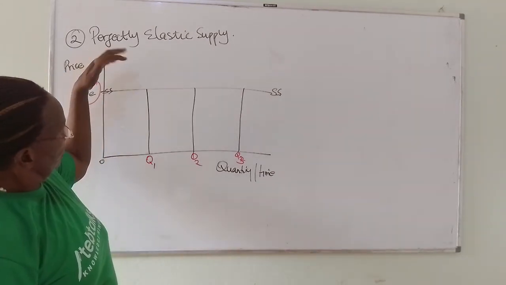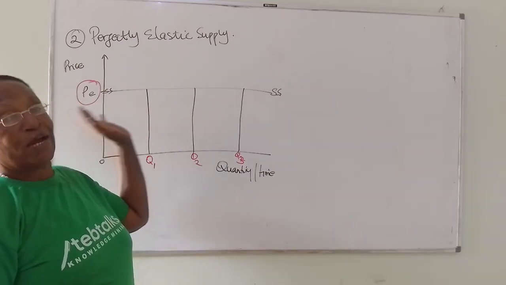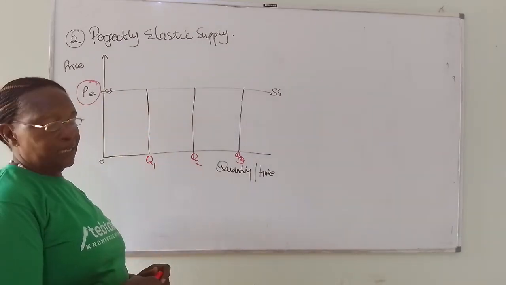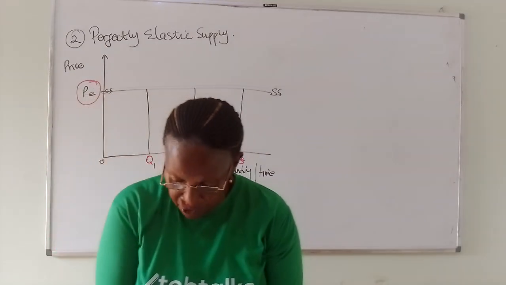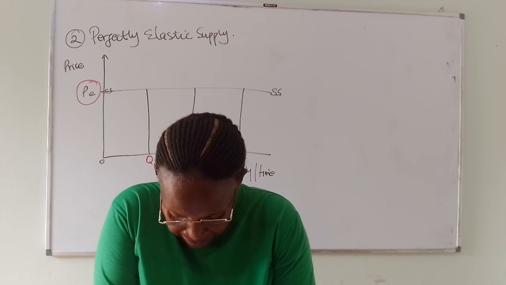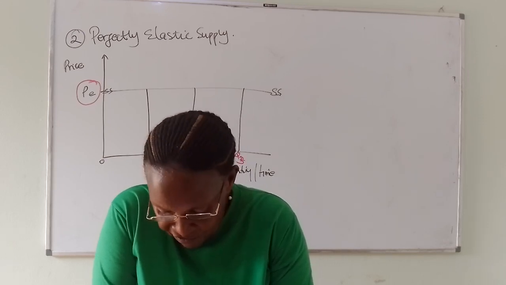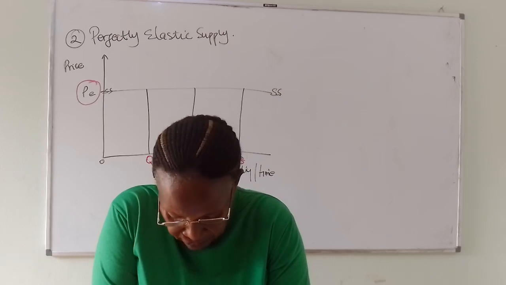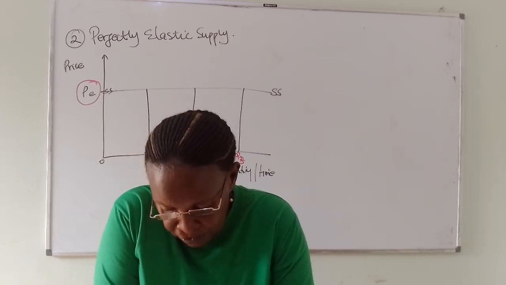Price is not increasing, price is not going down, it is a fixed price, but any quantity can be supplied at that fixed price. So people are willing to supply all they can at price of PE, and nothing above that price can reach the market.